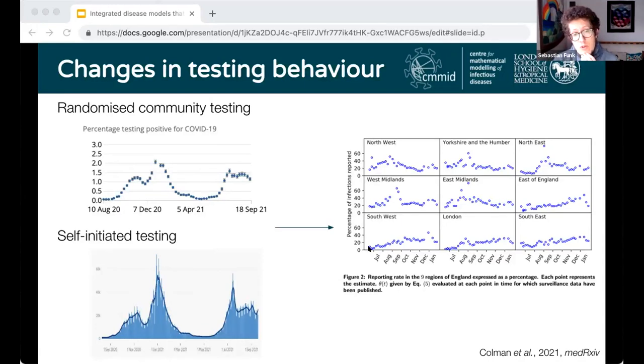Through testing random households, we get a measure of COVID-19 prevalence through time that is unbiased by testing capacity or individual behavior with respect to seeking out a test when infectious.